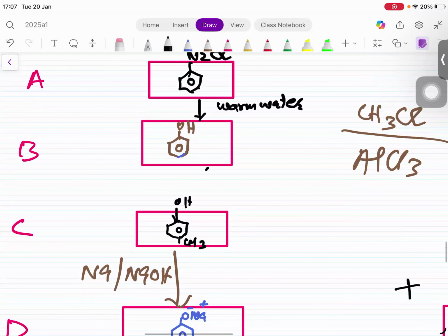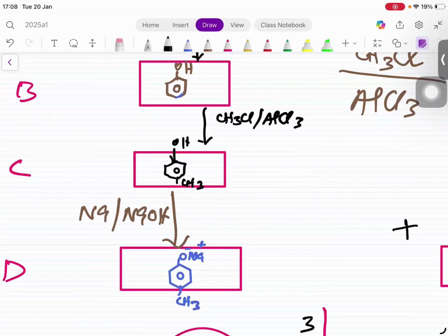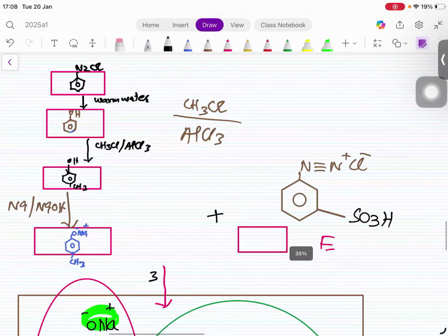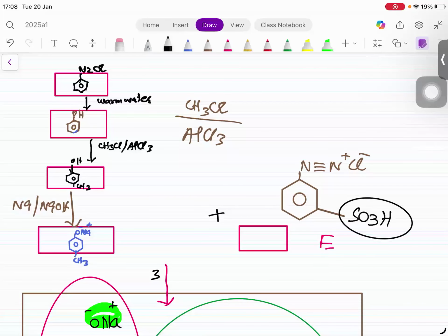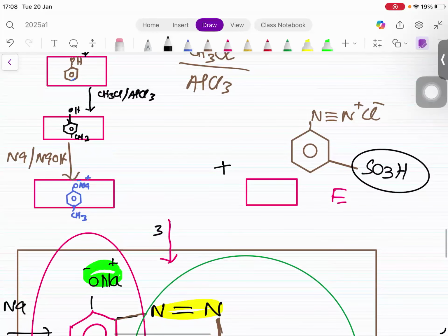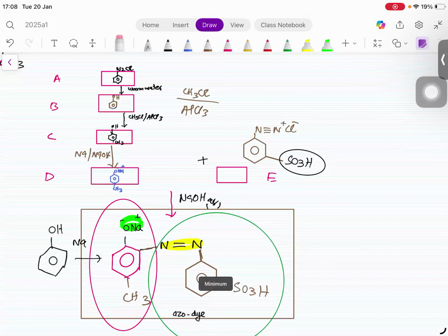Then we took phenol and reacted it with CH3Cl in the presence of AlCl3. It turned into 4-methyl phenol. Then we took Na or NaOH and mixed it to make ONa. Then we took another molecule of BDC that has SO3H on carbon number 3. And then we mixed them together using aqueous NaOH as a solvent. And it turned into HCl and this compound.